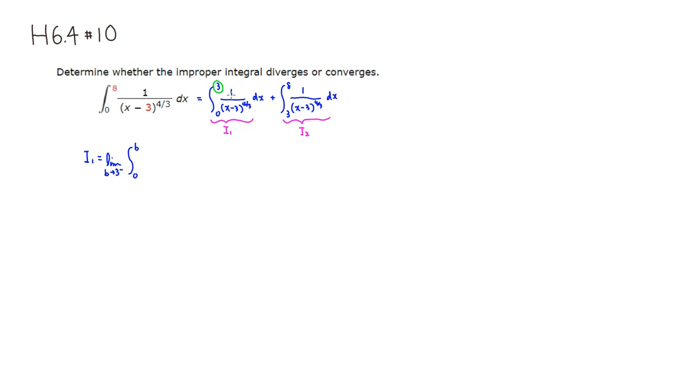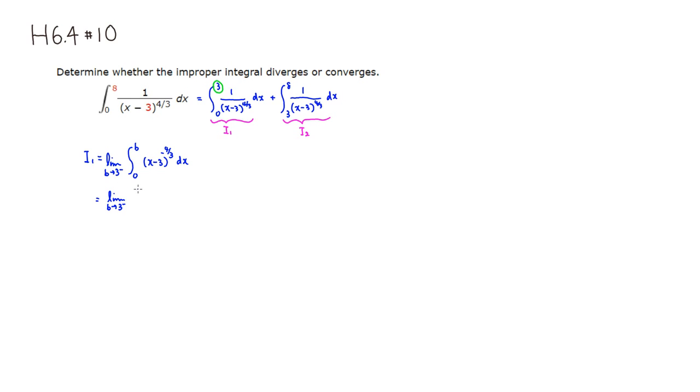I don't like a fraction, so I'm going to write it as x minus 3 to the negative 4/3 power, dx. Let's evaluate this. I'm going to find the antiderivative and take care of the limit later, as b approaches 3 from the negative side.